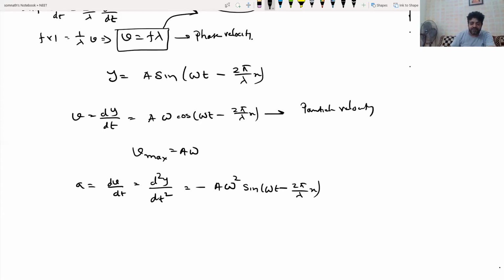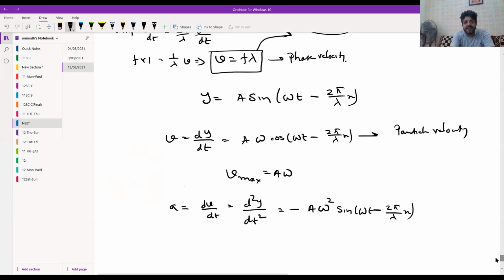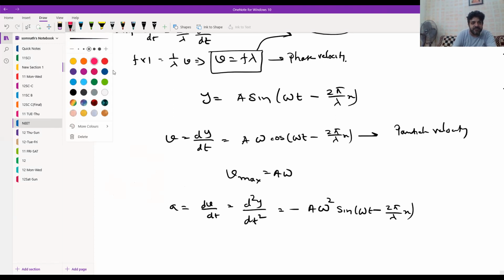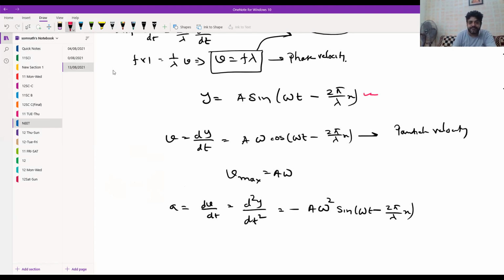One more thing, if you want to check whether these are satisfying simple harmonic motion or not, it's a very simple way you can check it. Suppose this is my y.